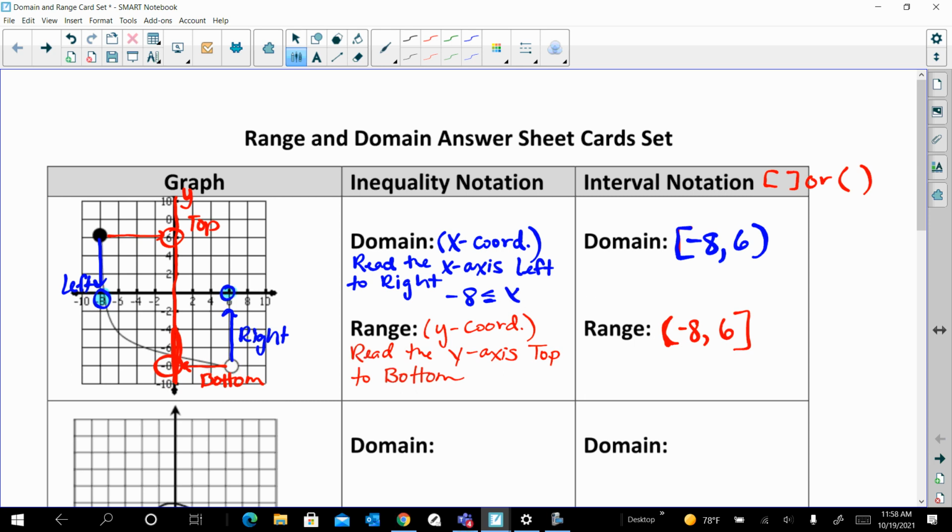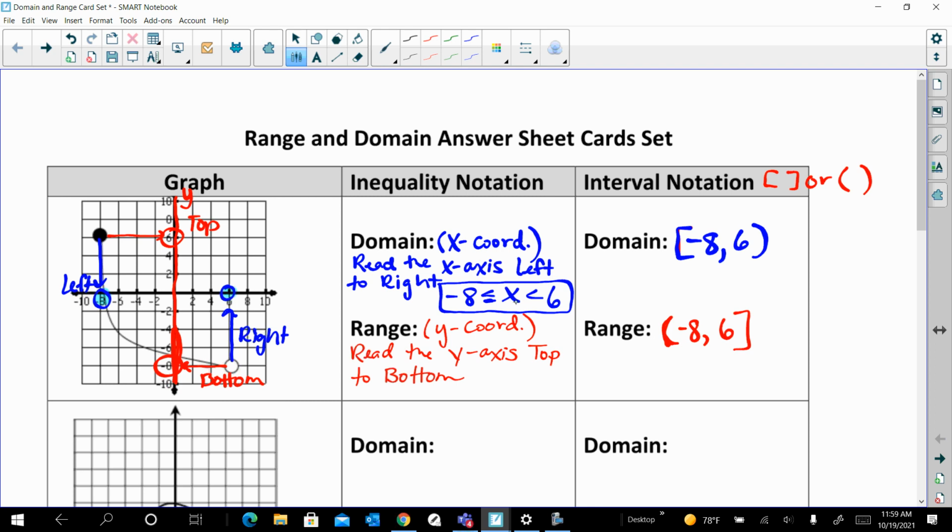Then you put the x, because we're talking about x coordinates, and then you go to the largest number, which was 6, and because that's parentheses, it's just going to be less than 6. So it goes from -8 to 6: -8 is less than or equal to x, which is less than 6. What is in the middle here, guys, is always your x coordinate for domain.